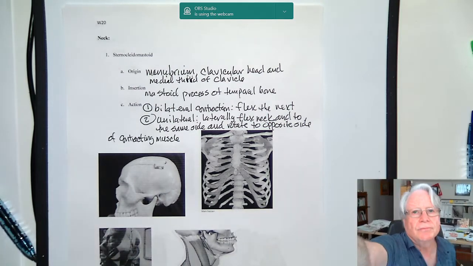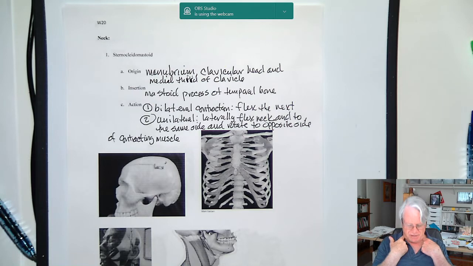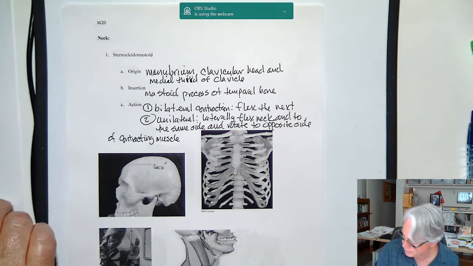So, if I do both muscles, my head flexes. The neck flexes like this. If I only do one, so if I shorten that muscle, I can flex, so I'm shortening this distance and I'm rotating the head.